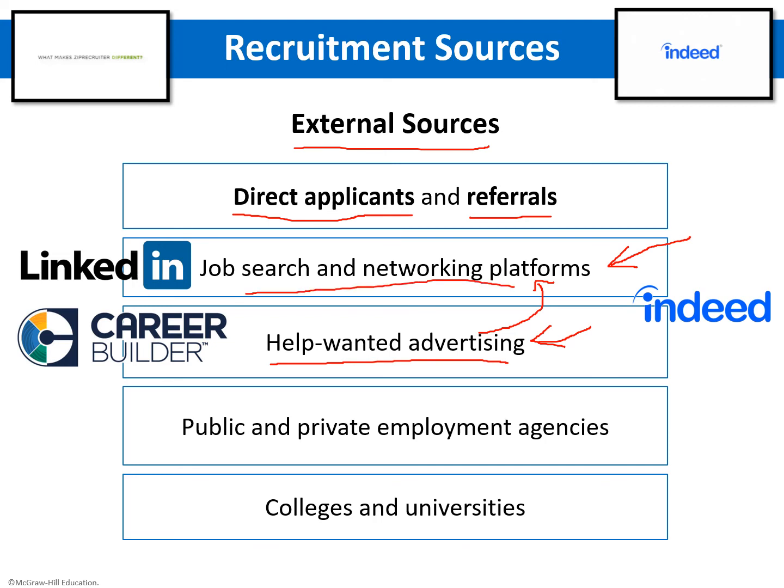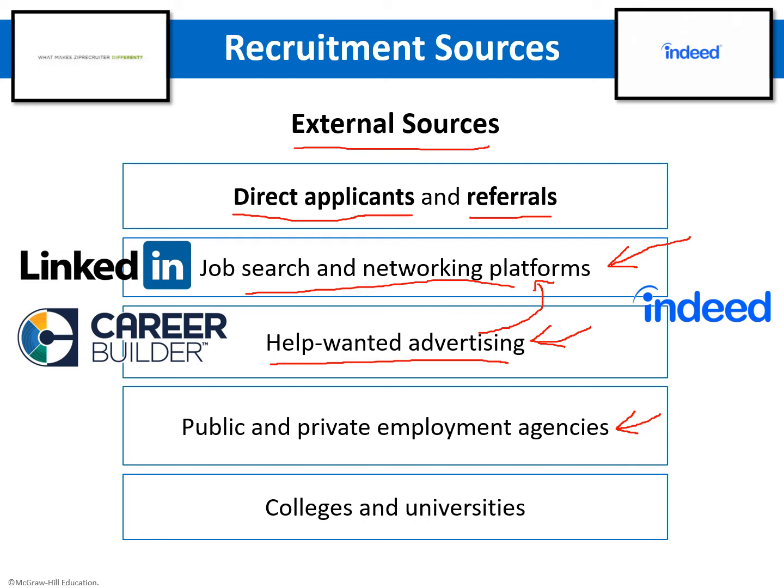Okay, we'll also look at public and private employment agencies, so companies that we hire to help us fill positions. Okay, and these are really common with executive positions that are often called headhunting firms. And the reason that they're common with executive positions is it can be really challenging to find people who are willing to apply for high-level positions because they may not want their current employer to know that they're considering other jobs.